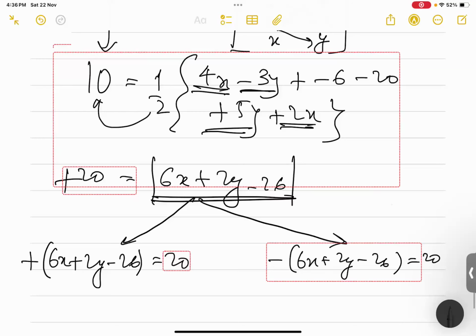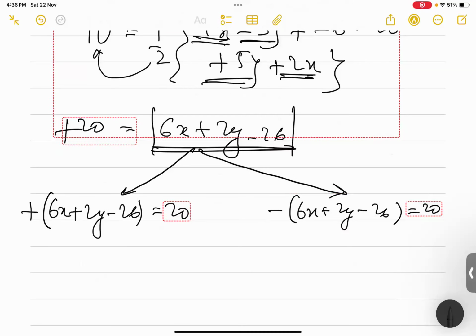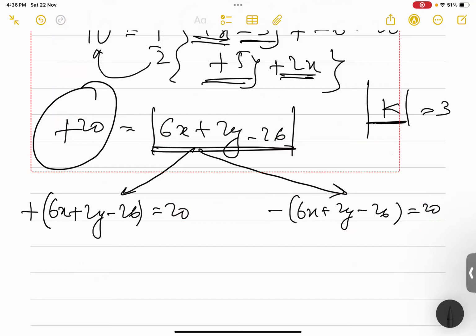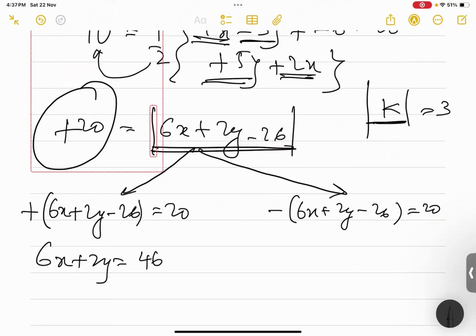Always do this when there is a modulus. And why are we taking a modulus? It's the area of a triangle; the final answer cannot be negative, it has to be positive. But inside value, this is the modulus concept: if modulus of k is equal to 3, inside the modulus this k can be minus 3 or 3. So this is 6x plus 2y is equal to 46.